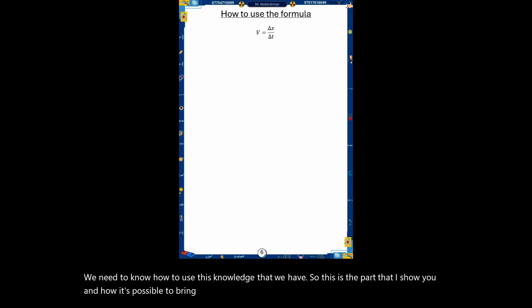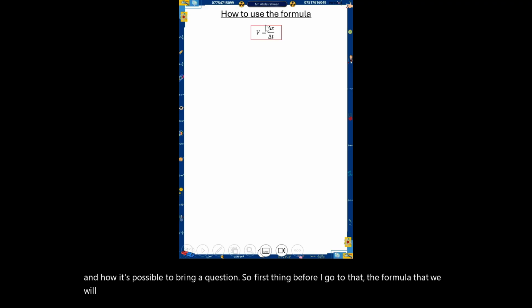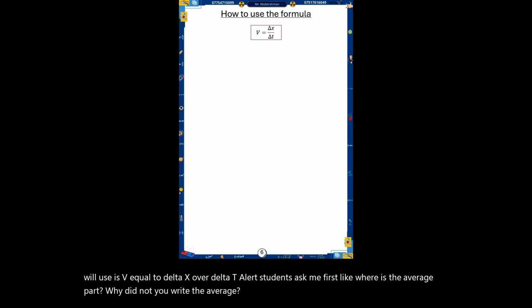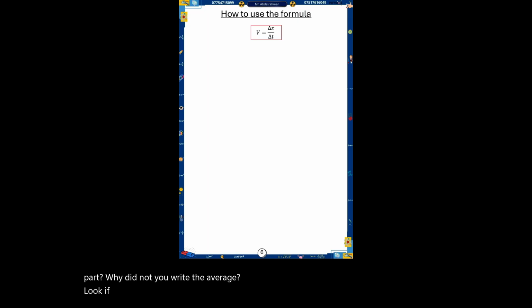First thing before I go to that, the formula that we will use is V equal to delta x over delta t. A lot of students ask me, where is the average part? Why didn't you write the average? Look, if the question is mentioning only one value for velocity, that's the average value. You don't need to bring something else, okay?